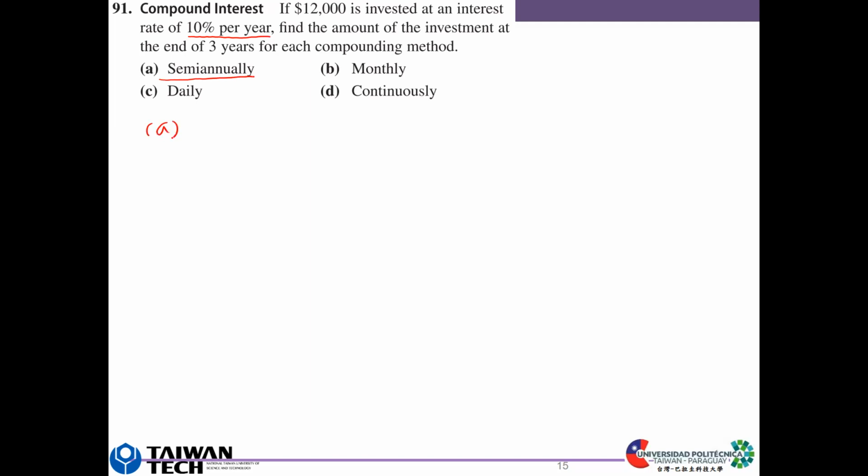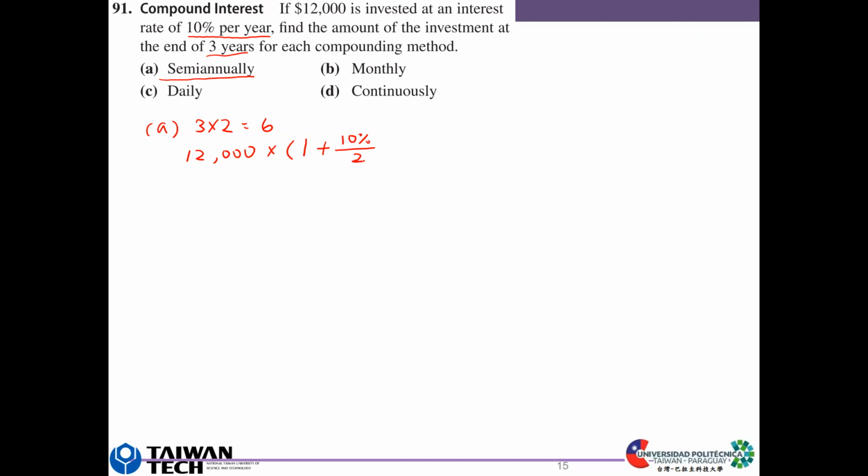For semi-annually, if it is 3 years, it will compound 6 times in total. So to calculate the amount of the investment at the end of 3 years, you have 12,000 times 1 plus, and because the annual rate is 10% per year but it compounds semi-annually, each time you compound it is 10% divided by 2.